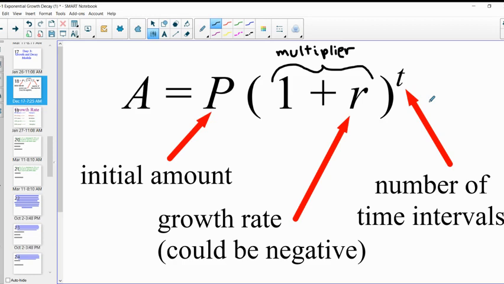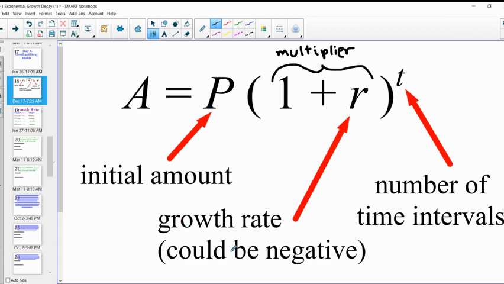Maybe the growth that you were learning about or thinking about was a 2-month time interval. And so if I look at 1 year, 1 year would represent 6 2-month time intervals. And so we'd have to think about doubling in a certain amount of time and how many of those intervals there are.